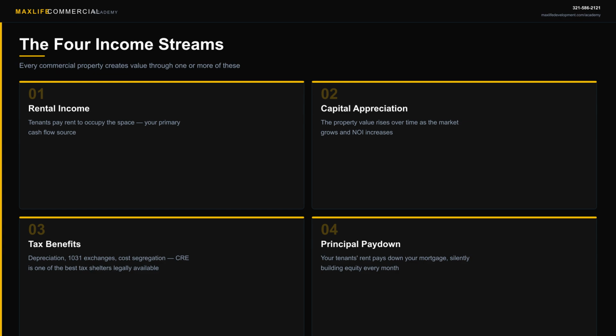This is where CRE gets really interesting. Depreciation, 1031 exchanges, cost segregation, and bonus depreciation can shield enormous amounts of income from taxes. Commercial real estate is one of the most powerful tax shelters legally available to investors. Fourth, principal pay down.